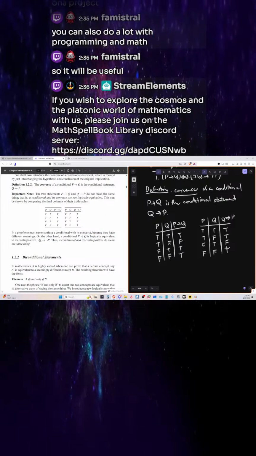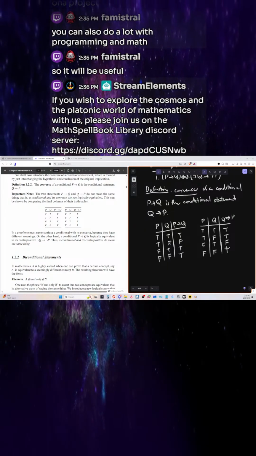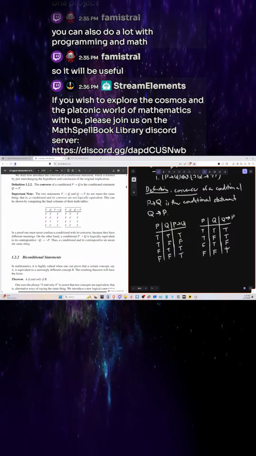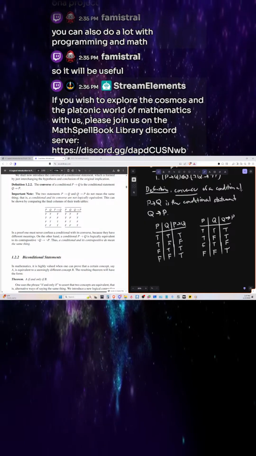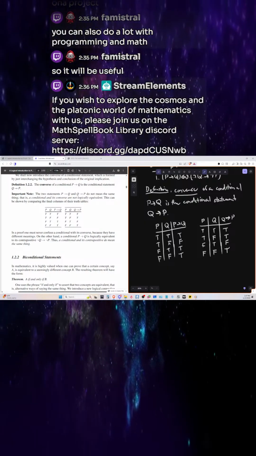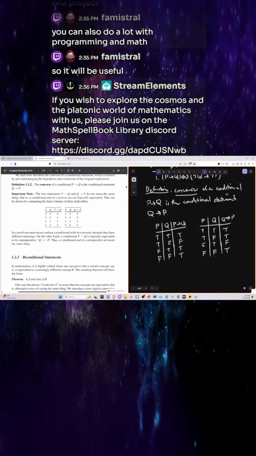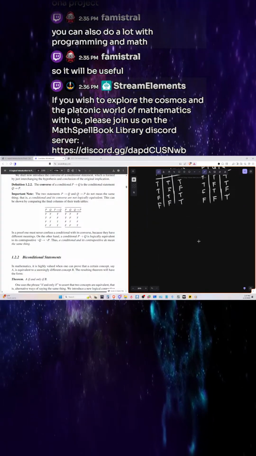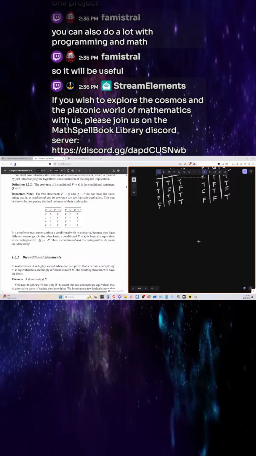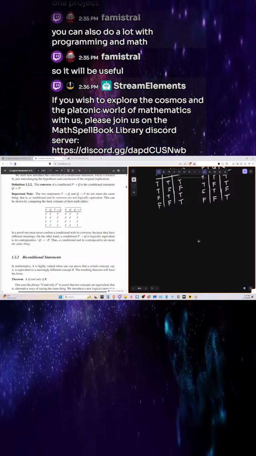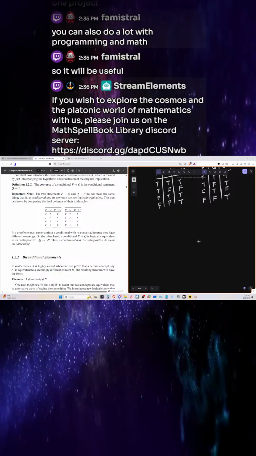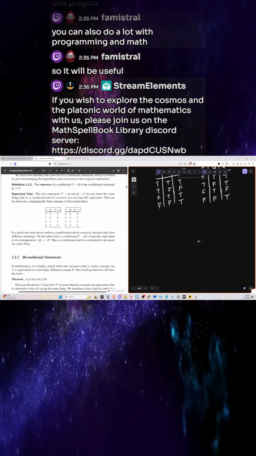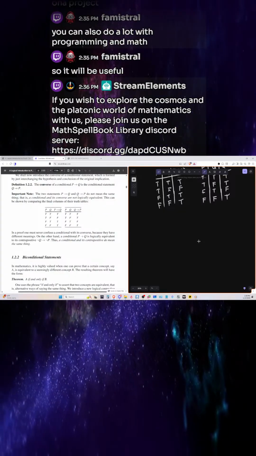You can also do a lot of programming and math. Oh, okay. Yeah, with programming, I have to find something to actually engage with both math and programming, because it's not that learning the languages is hard for me.